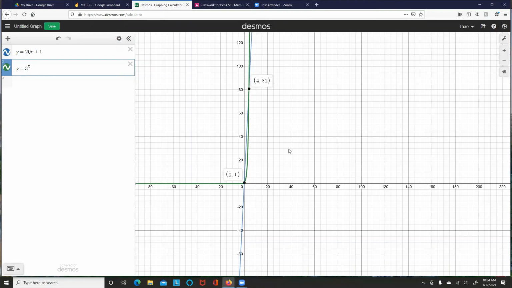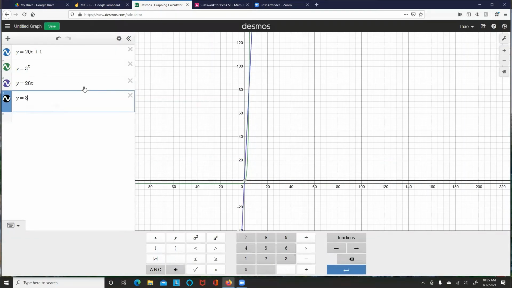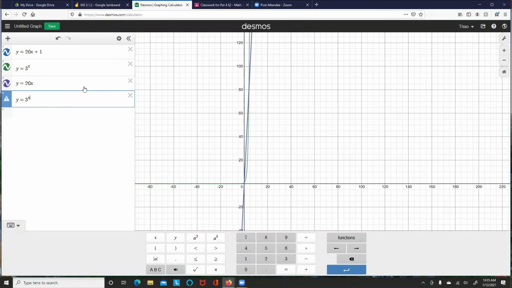Okay, let's put her teammate's equations on here. Her teammate's equations were y equals 20x and y equals 3 to the x minus 1. I have to scoot over to the right and do minus 1.